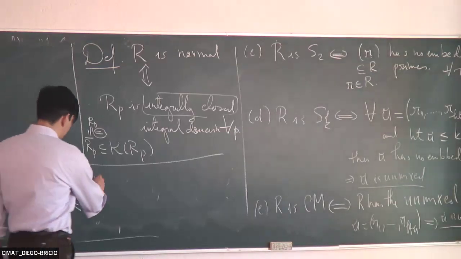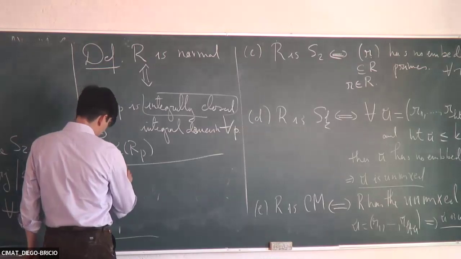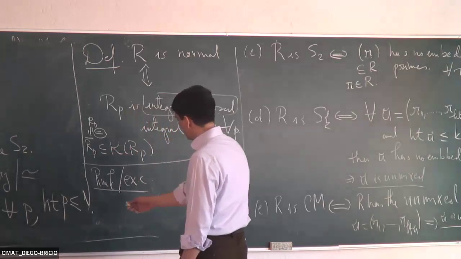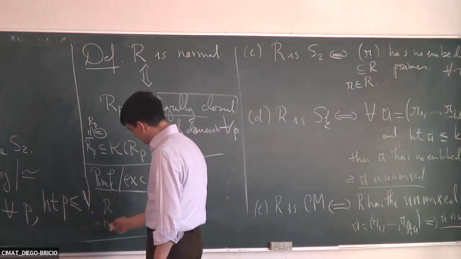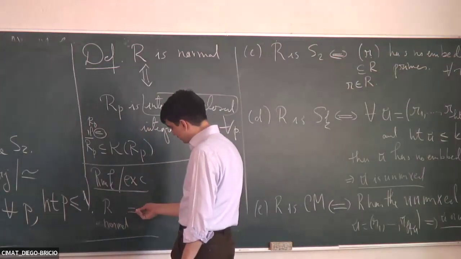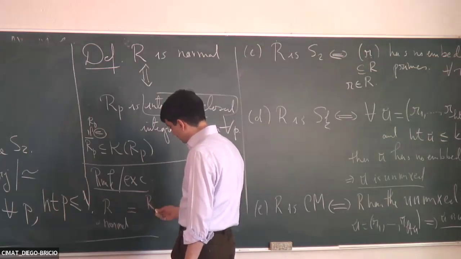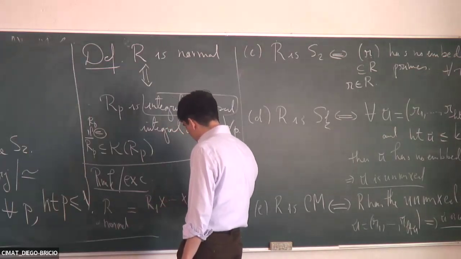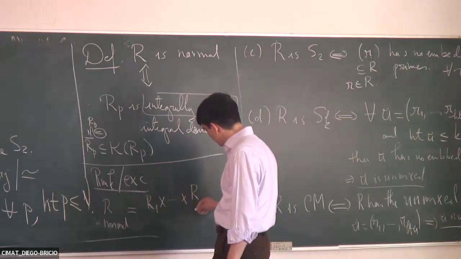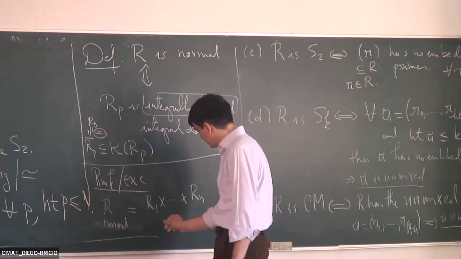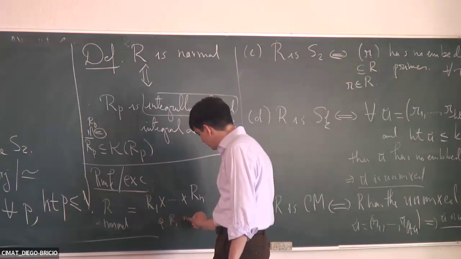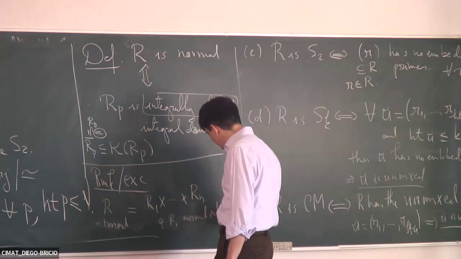So actually, remark or exercise. It is an exercise in the notes. If you have a normal ring, if R is normal, then it breaks down, it's an exercise, it's going to break down as a product of N rings where these are normal integral domains.